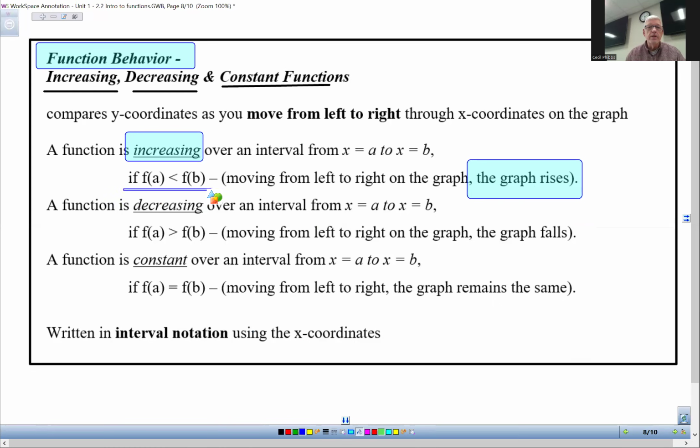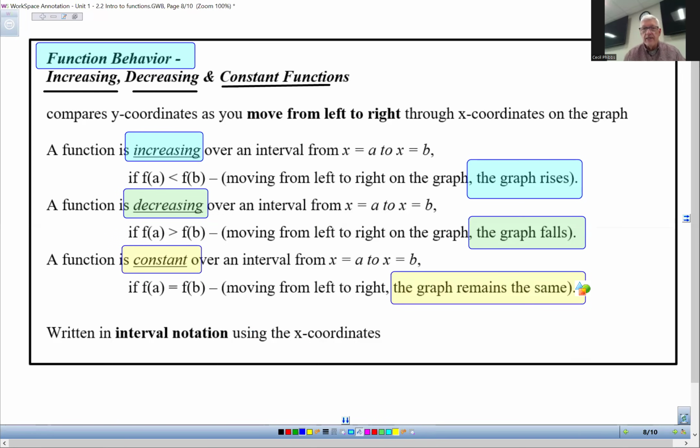Decreasing functions, as you probably already guessed, are going to go down, or the graph will fall as we move from left to right. And then finally, a constant function remains the same. An easy way to think of that is it's going to be a flat line.